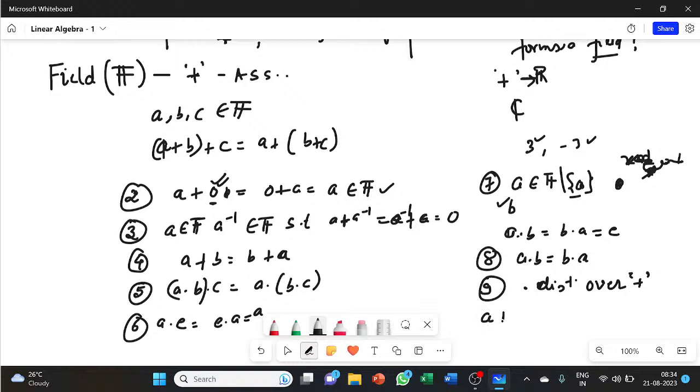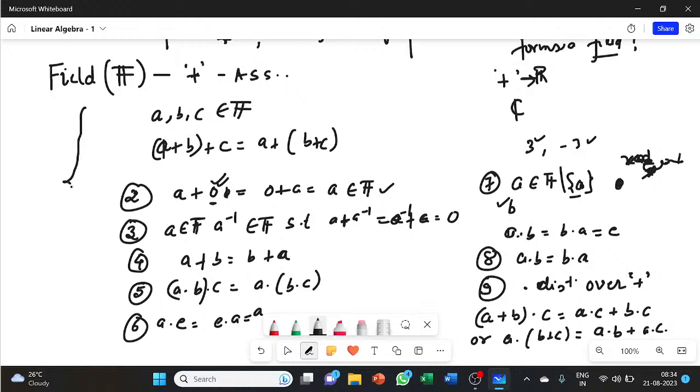That is, A plus B dot C equals A dot C plus B dot C, or A dot B plus C is equal to A dot B plus A dot C. If all these properties are satisfied, we say that an algebraic structure is a field.